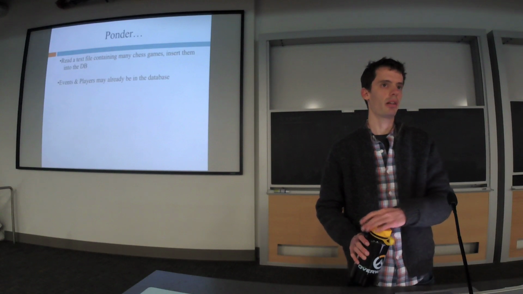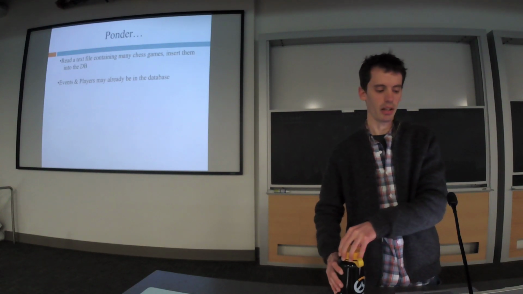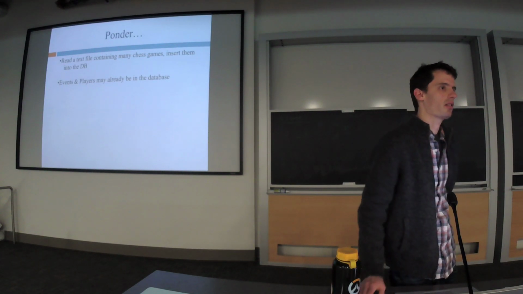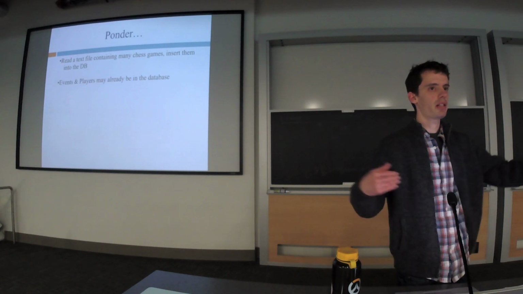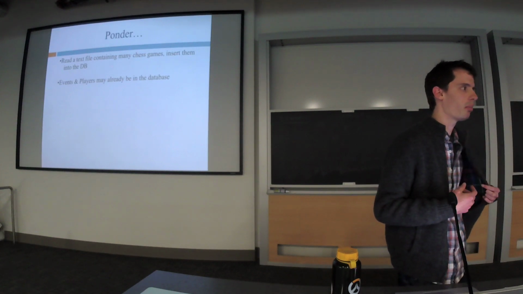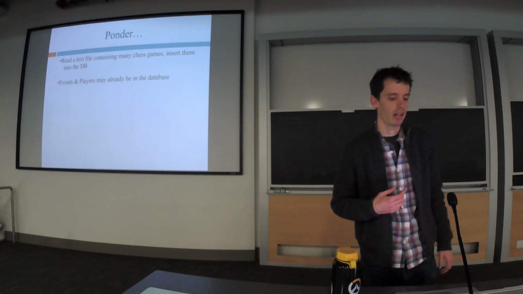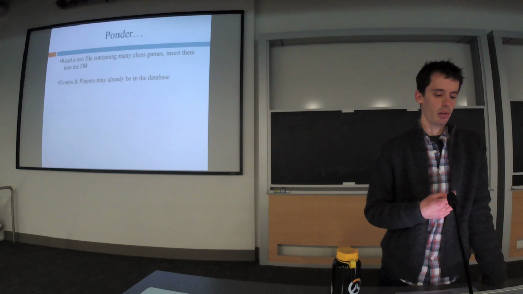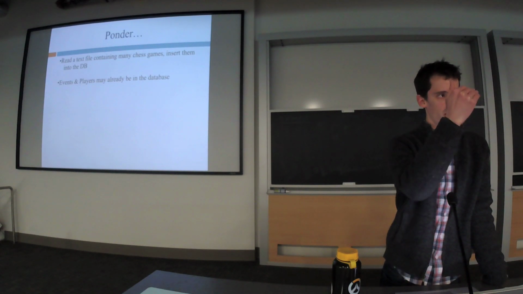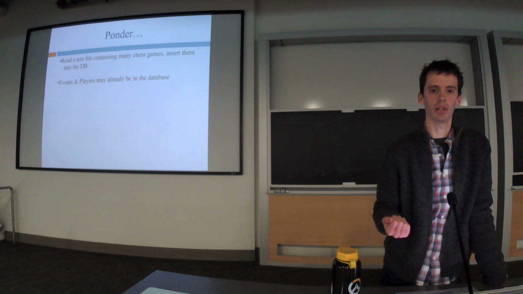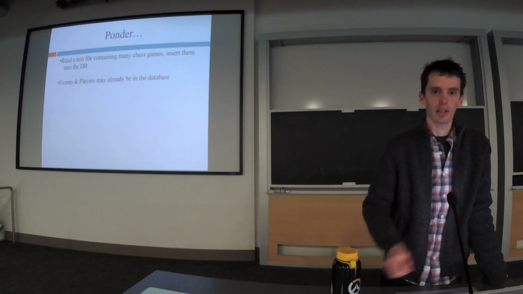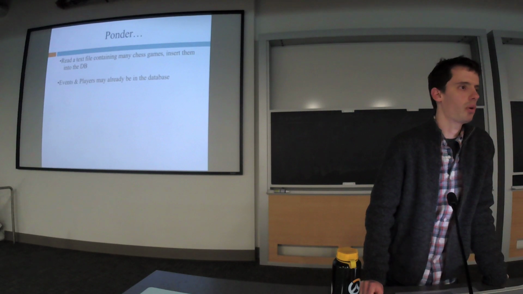Okay. So let's think about a little use case here. And in fact, this is homework 5. Let's say you have a giant text file full of chess games in PGN format, and you want to write a C# program that reads that text file and uploads all of those games to the database. Seems straightforward.